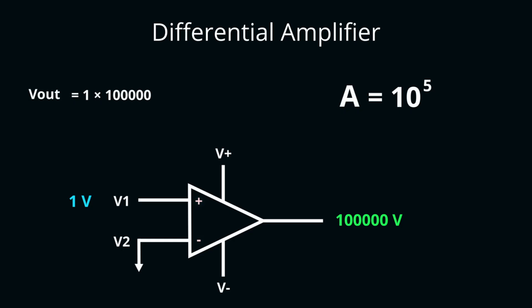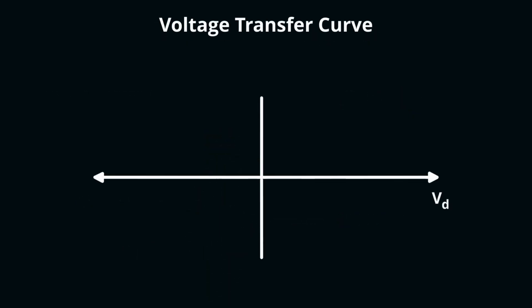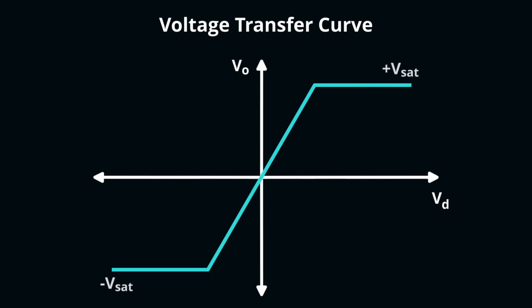However, in practice, the gain of the op-amp is restricted by the power supply voltages applied to it. So the output voltage will be between these biasing voltages and will not be larger than these. As a result, in practice, the voltage transfer curve of the op-amp will look something like this.